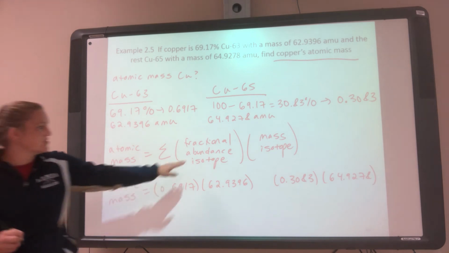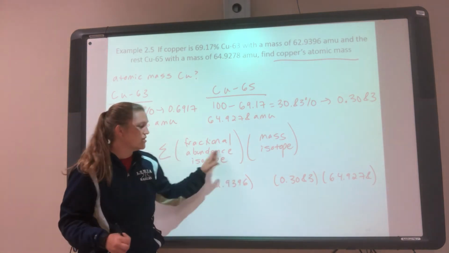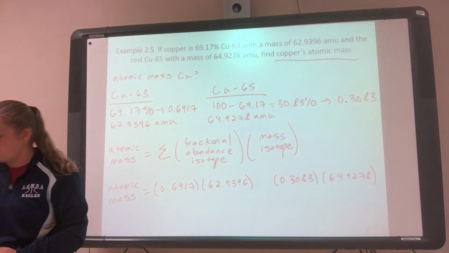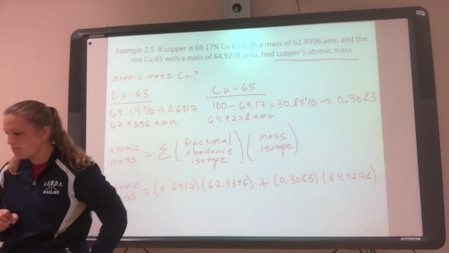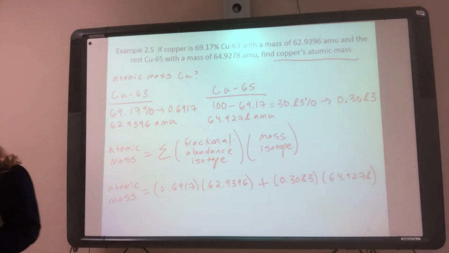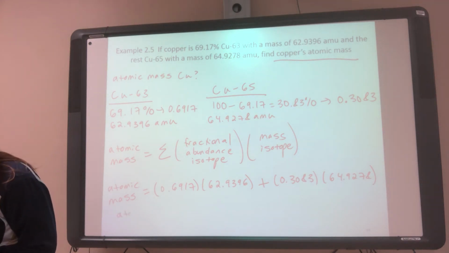And that's what this says: the abundance times the mass, the abundance times the mass. This says add them together. Okay? So multiply them and then add them together. And so when you do the math, my atomic mass ends up being 63.55 AMUs.